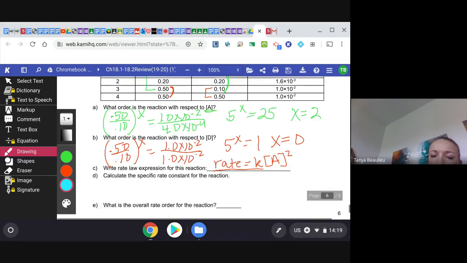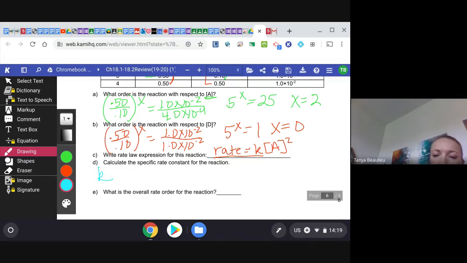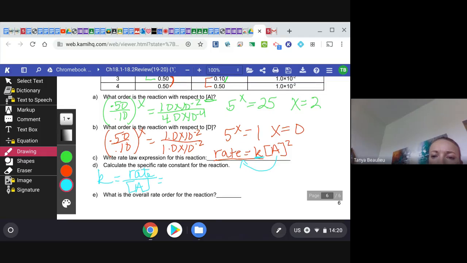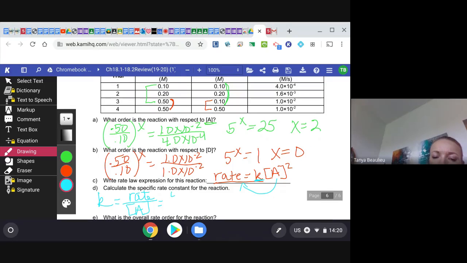To calculate the specific rate constant, I have to get K by itself. To get K by itself, I'm going to divide by A to the second power. So then we have rate divided by A to the second power. My rate for the first experiment was 4.0 times 10 to the negative fourth molar per second.